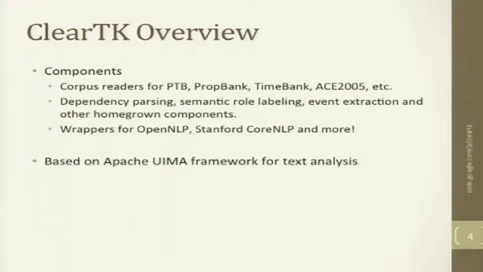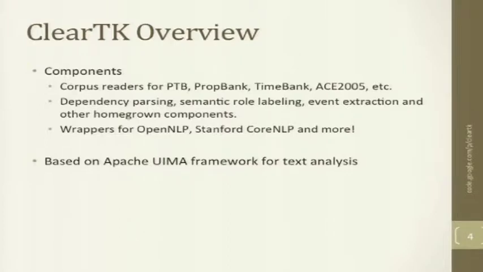So in addition to this core framework for statistical natural language processing, we also include a number of components to aid in the development of NLP tools. We have corpus readers for popular corpora like the Penn Treebank, TimeBank, ACE 2005, PropBank. And basically, these make it really straightforward to read data into your applications.